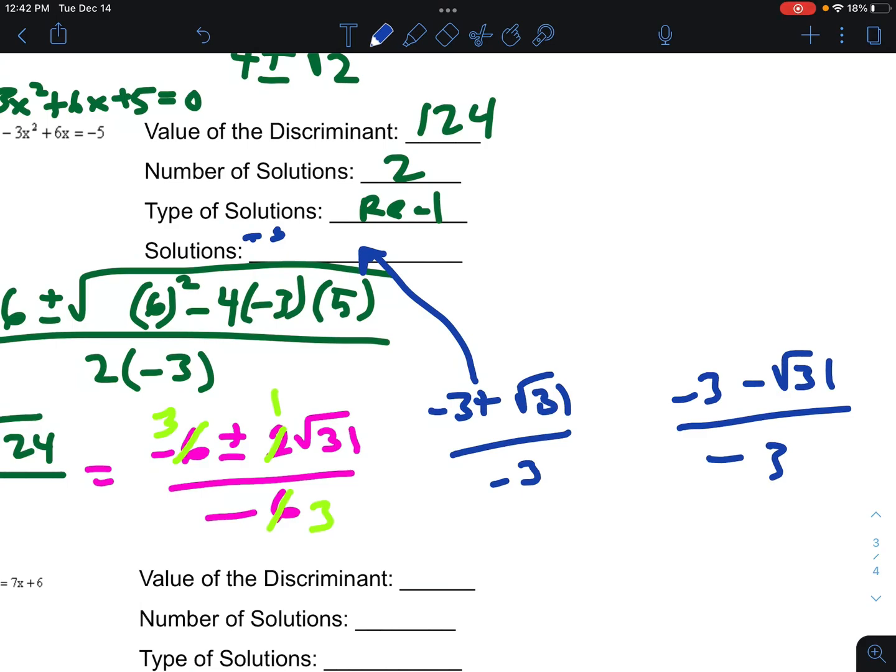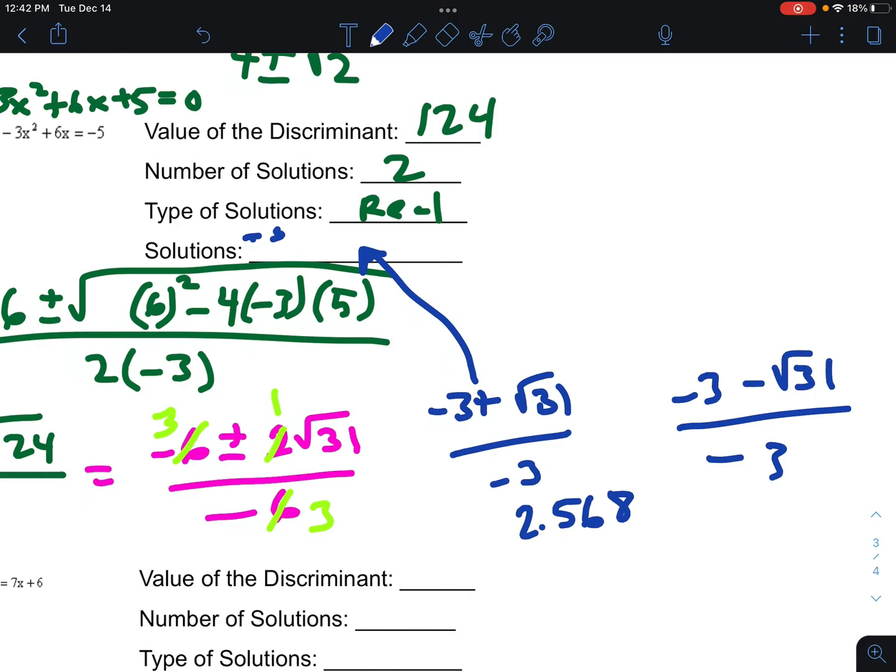exact answers. If I wanted to approximate this, I would type it in the calculator. I don't know how you guys use your phone for a calculator. This is super annoying. -3 plus 31 square root is 2.568-ish. And then -3 minus the square root of 31. Oh, shoot, I think I forgot to divide the first one by -3.